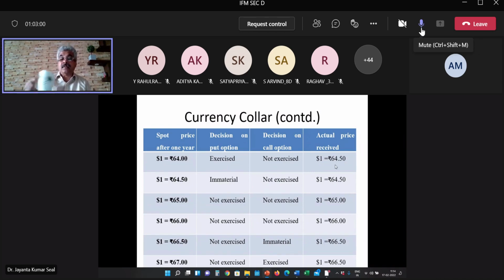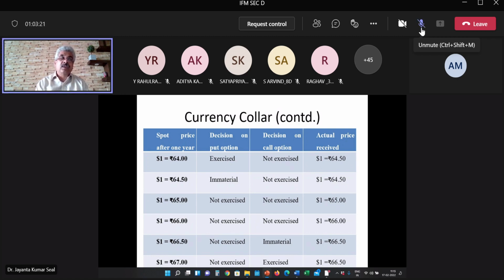Any question? If the price is 64.5, your decision is immaterial. Why is your decision immaterial? So both the places you get the same price. If you exercise your right, you get 64.5.